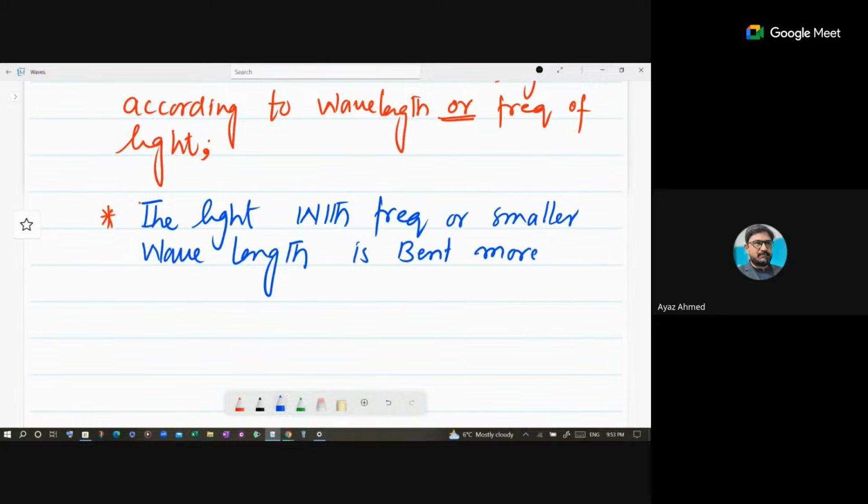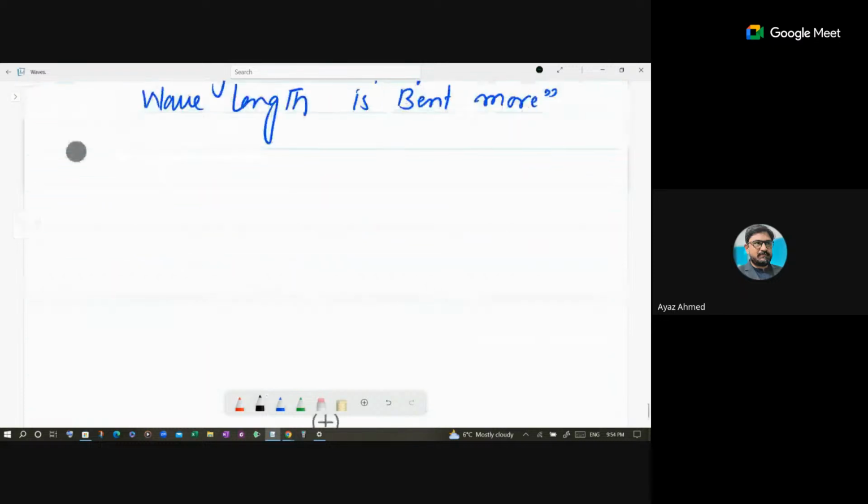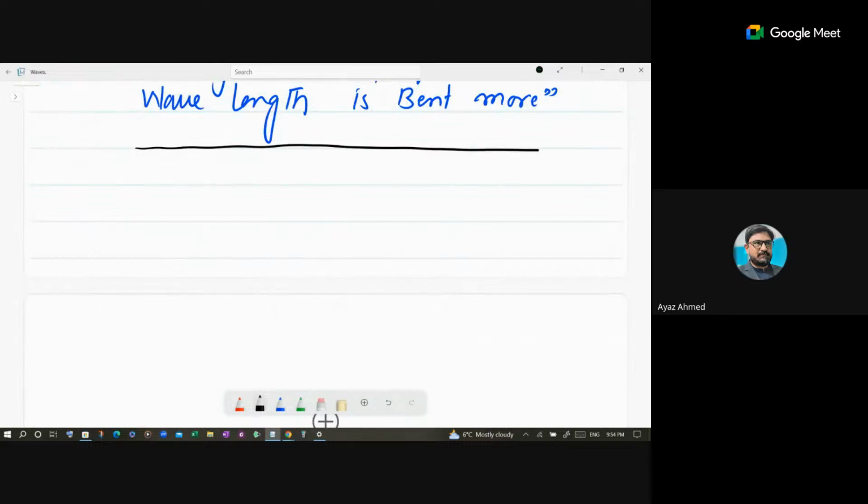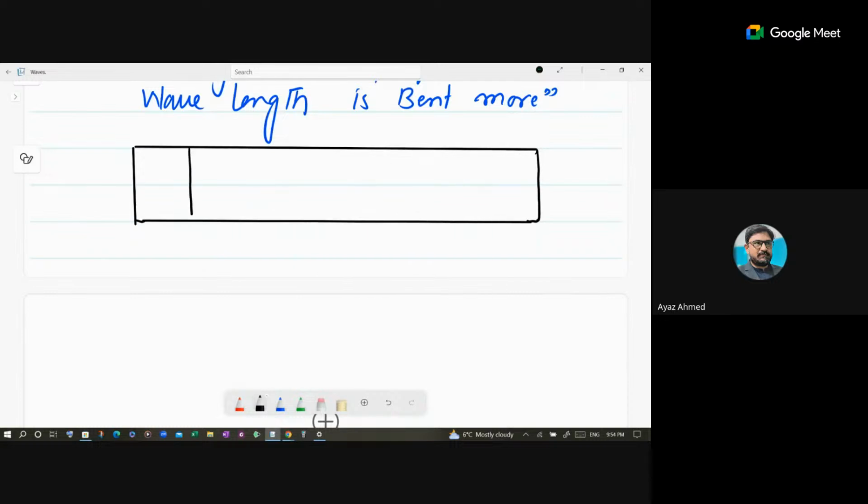Okay, that means that I have to tell you about the wavelengths of the light rays as well. So we have seven colors over here, and all those seven colors have different wavelengths and different frequencies. So what would be those wavelengths and frequencies? One, two, three, four, five, six, and seven. So this is your violet light, indigo, blue, green, yellow, orange, and red.